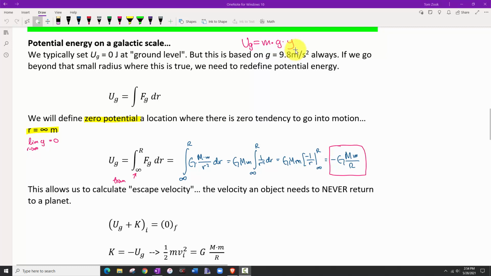Well, when we're dealing with astronomical scales or galactic scales, both the position and the gravitational acceleration vary. The position increases linearly, because that's the position.